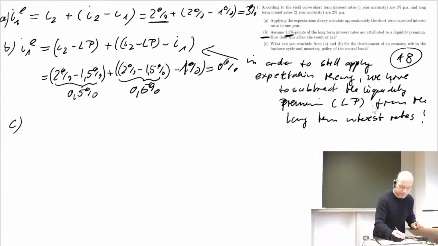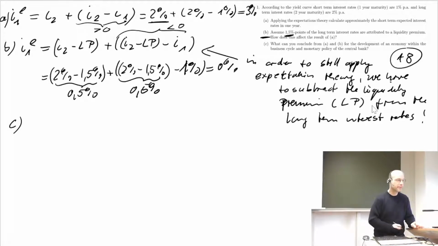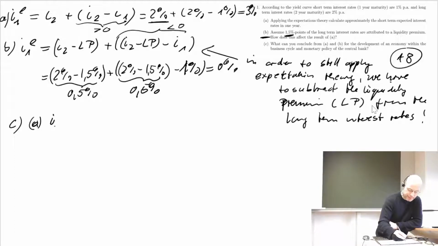So in this case, this bracket is larger than 0, and in this case, it is lower than 0. So in A, we have that expected short-term interest rates are lower than short-term interest rates.